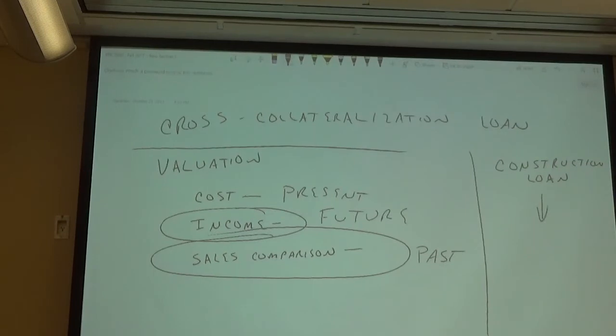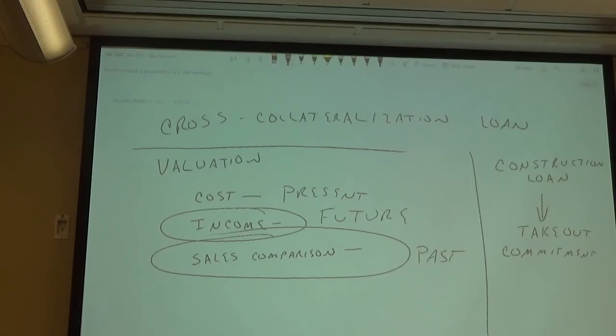is once your property gets to a certain level of completion, you should be able to get what is referred to as a takeout commitment, which is basically the construction lender saying, we want to ensure that there is a permanent lender out there waiting to fund this project, okay?